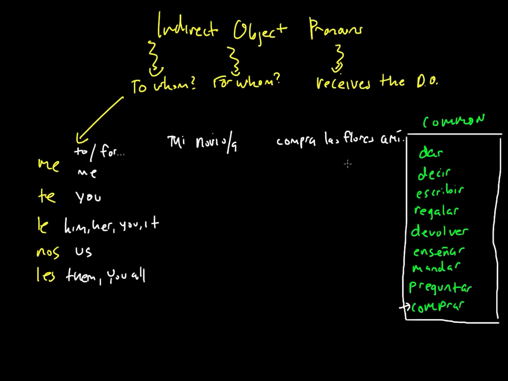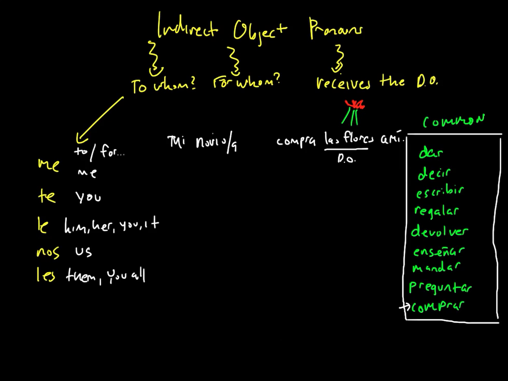So when we look at this sentence, the first thing we're going to do is identify the direct object. And the direct object is las flores. Okay, how about we just quickly draw some beautiful flowers over here. So those are stems, and maybe you receive roses, so those are flowers.